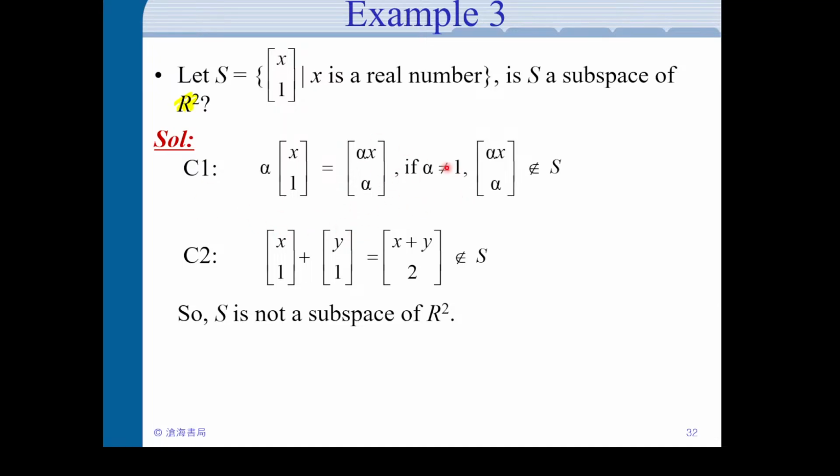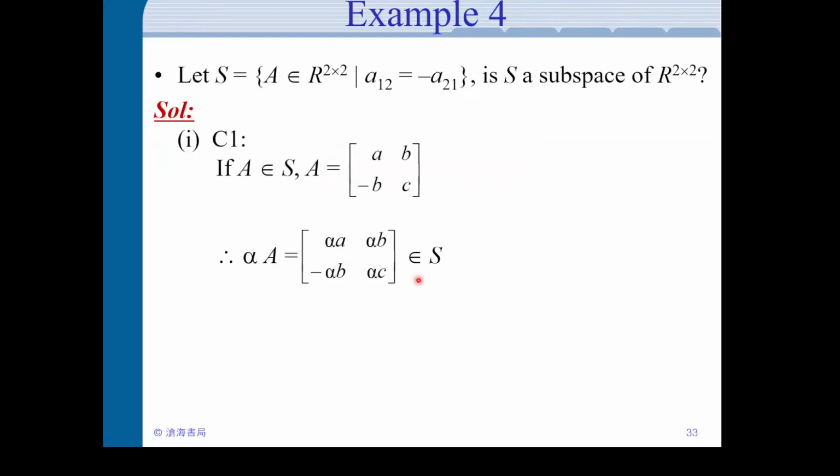If alpha does not equal 1, then the second coefficient is not equal to 1, so this is not in S. Just from checking C1, we see that this set is not closed under scalar multiplication, so it's not a subspace. We check C2 and see that it also doesn't satisfy: (x, 1) and (y, 1) added together give (x plus y, 2), so this is not a subspace. Okay, any question?